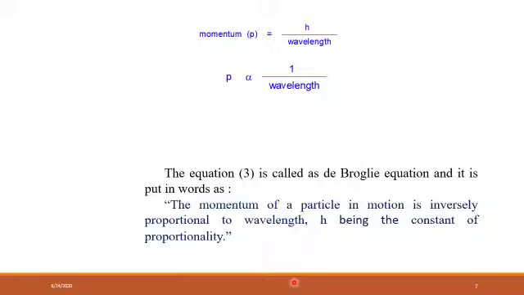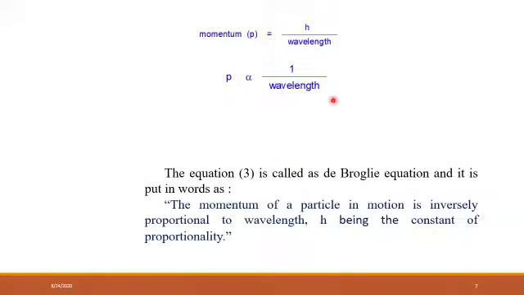Now if I want to remove this equal sign, I can express the above equation in terms of proportionality, that is, momentum p is inversely proportional to the wavelength, because h is constant.